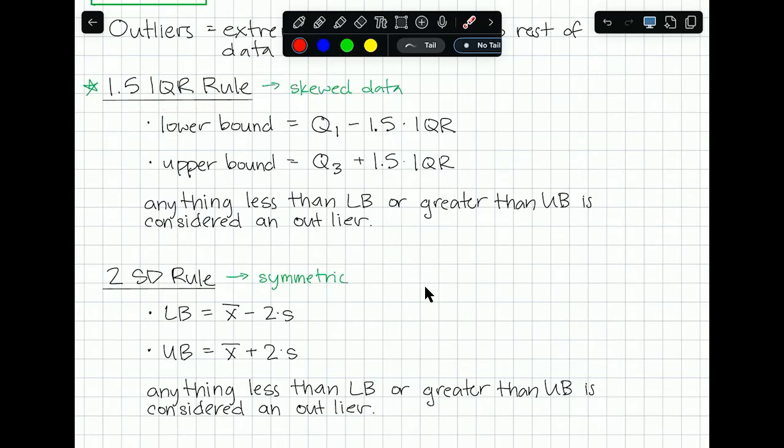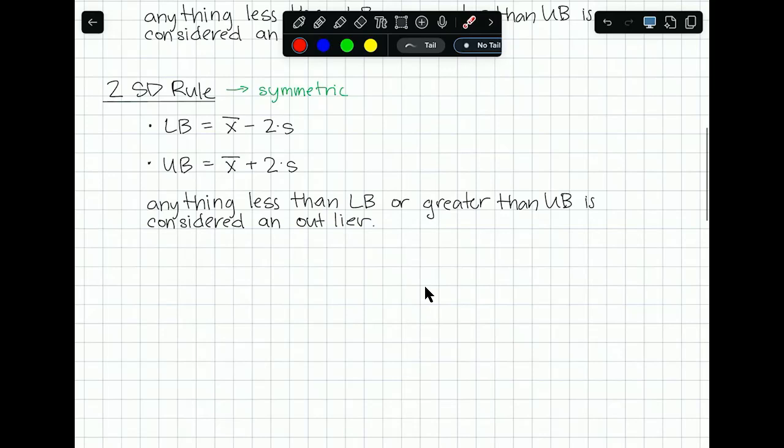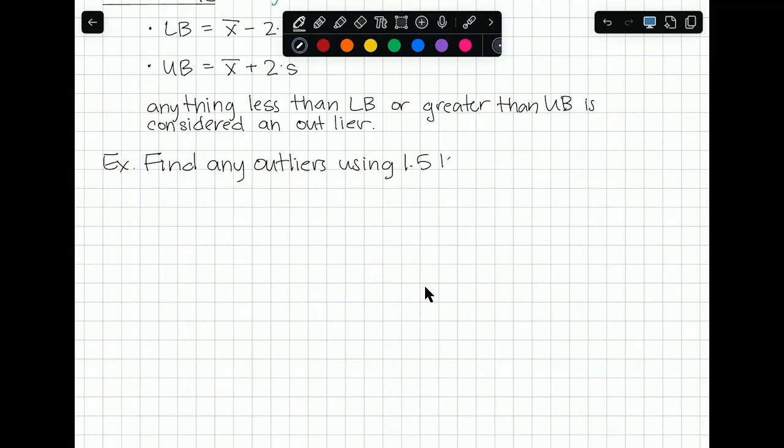I'd like to do an example really quick with you using that 1.5 IQR rule, and then we'll move on to our last little discussion. For example, we want to find any outliers in a data set using our 1.5 IQR rule.